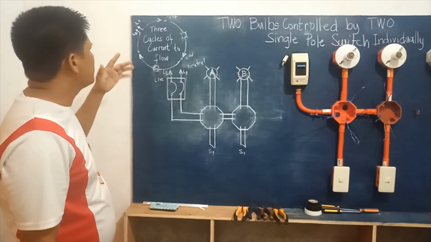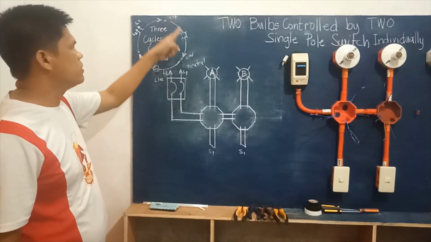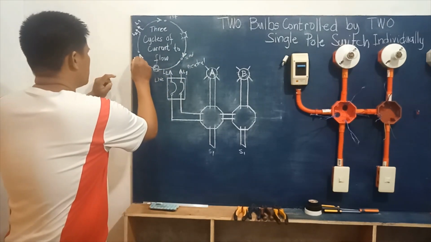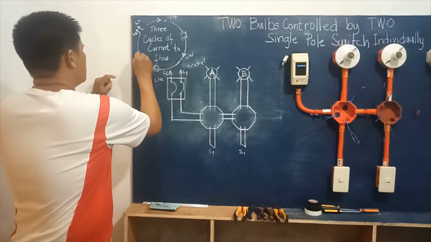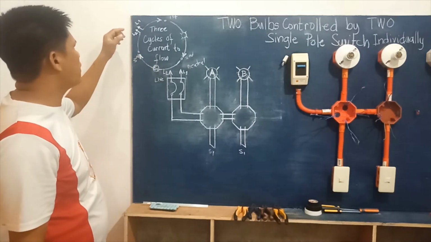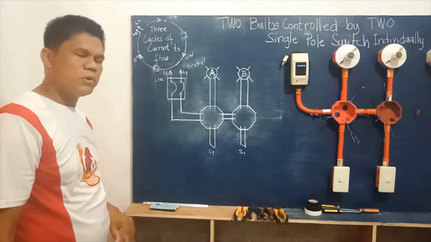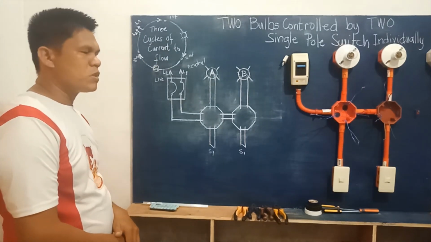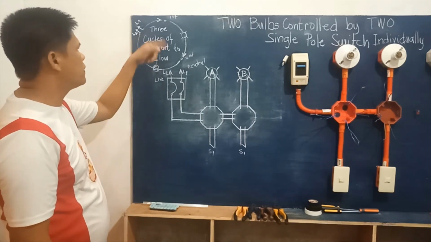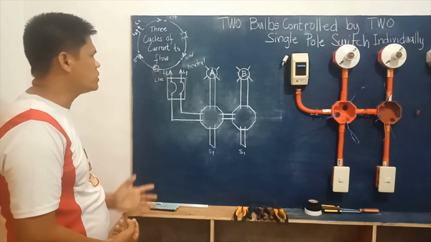Okay? Then the three cycles of current flow start with the first cycle, the second and the third cycle around this part. So this is our third cycle around this point. In the first cycle, we have the source. We discussed it thoroughly in our previous discussions about the three cycles of current flow, so I think we don't need to explain it further.